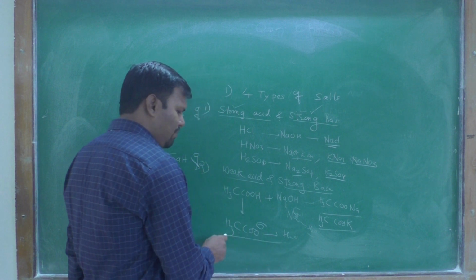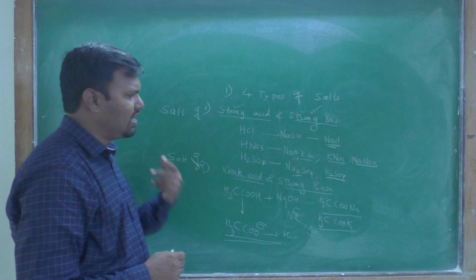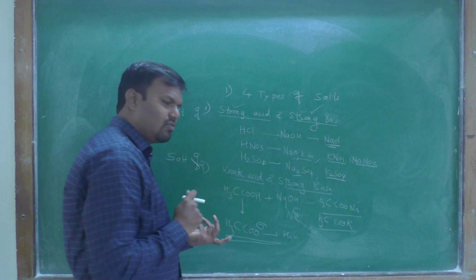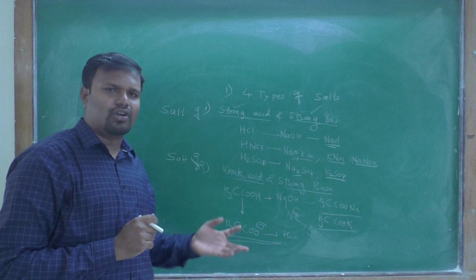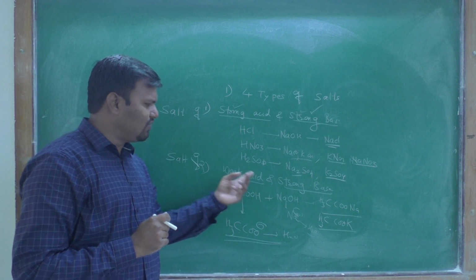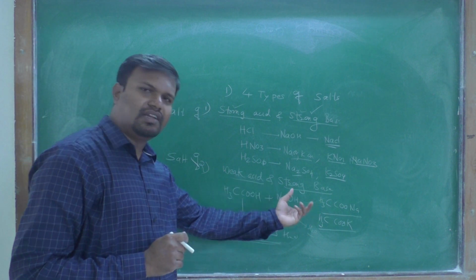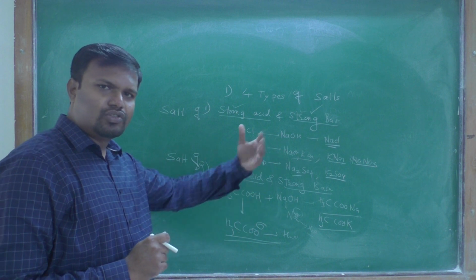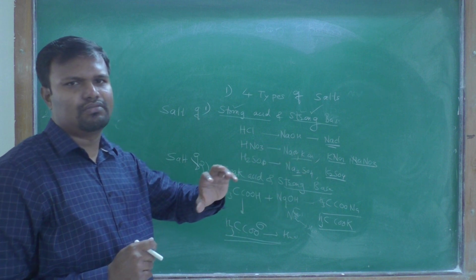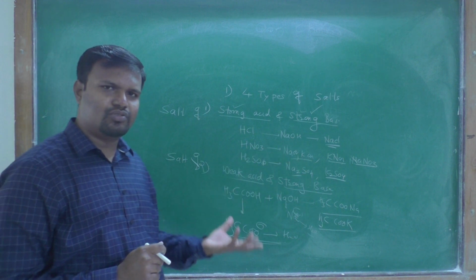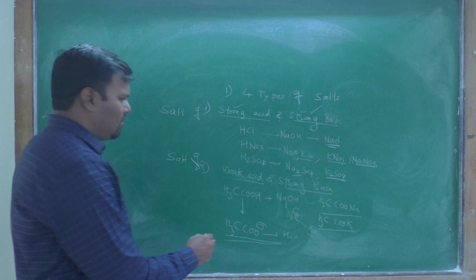In the first case we will discuss later whether it is hydrolyzed or not. In this case it has the weak acid. Remember, if one of the terms is weak, then it gives a strong conjugate, and the conjugate will break the H2O. Breaking of H2O is nothing but hydrolysis. This is the second type of salt.